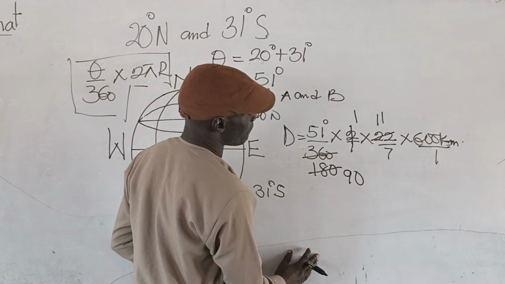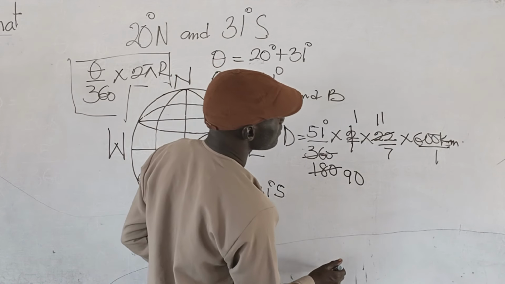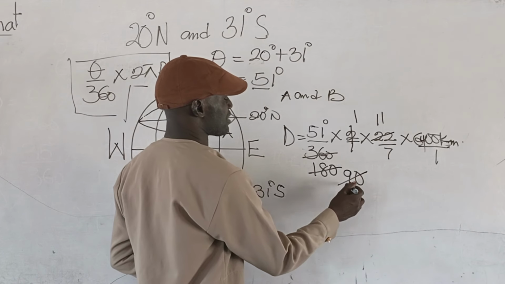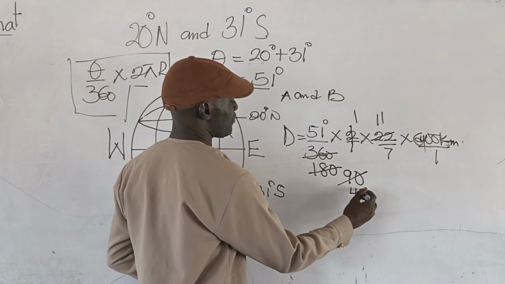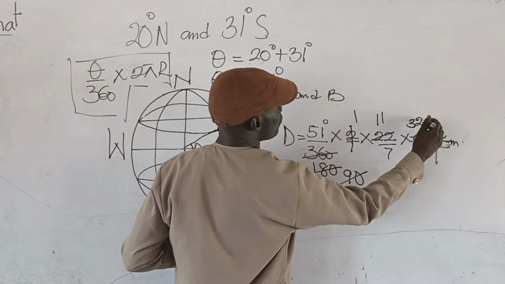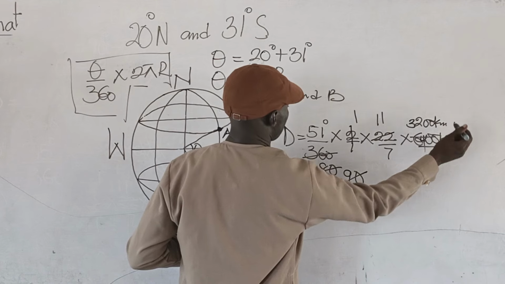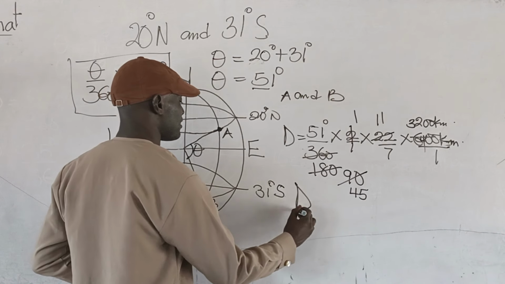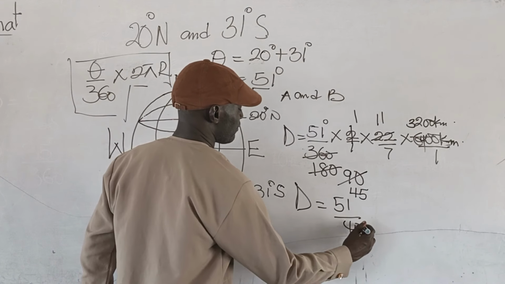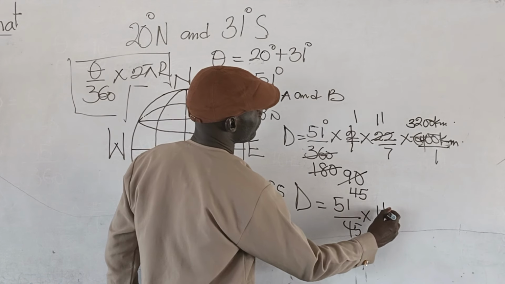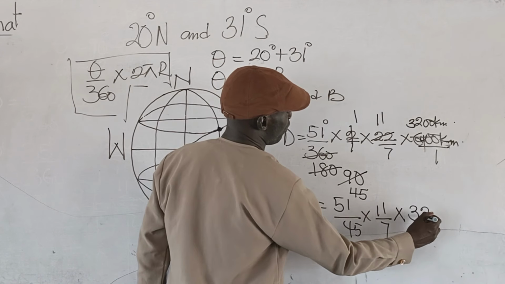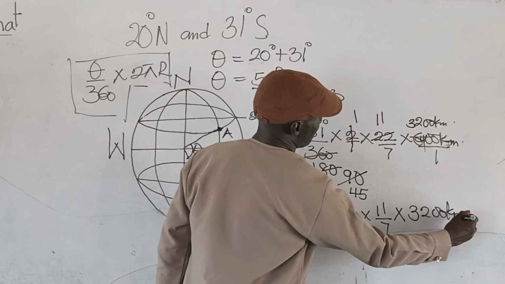So that we can also work on this, 6,400 here. You can see 2 goes in 90, which is 45. 2 goes in 6,400, which is 3,200 kilometers. So that we can write D equals 51 over 45 times 11 over 7 times 3,200 kilometers over 1.